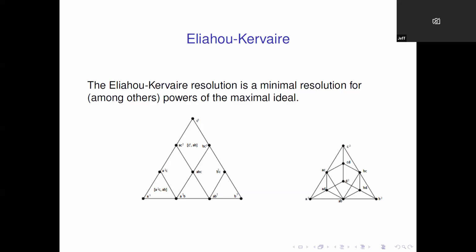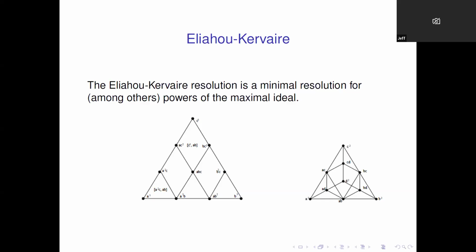In three variables, the cells are the diamonds and the triangles that you see on the left. And the various line segments are the degree one stuff, and the vertices are the generators. And that's nice and polytopal and a very simple picture.